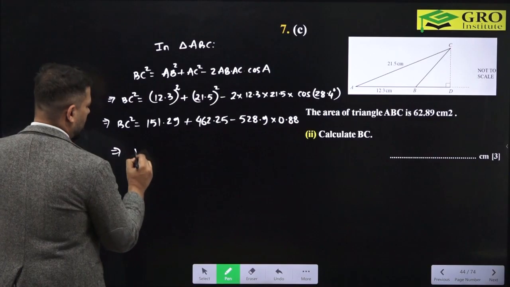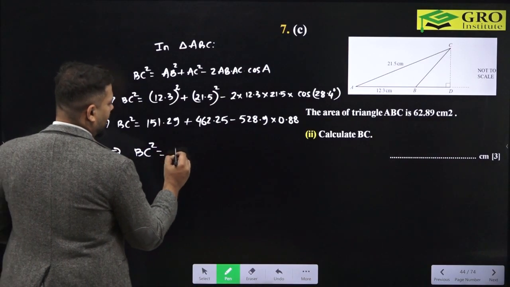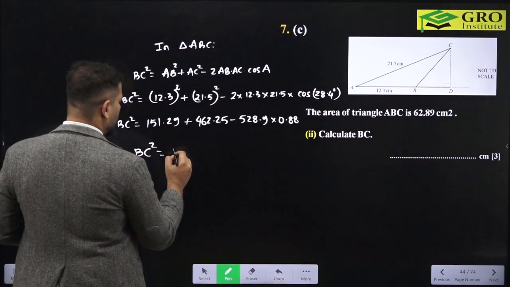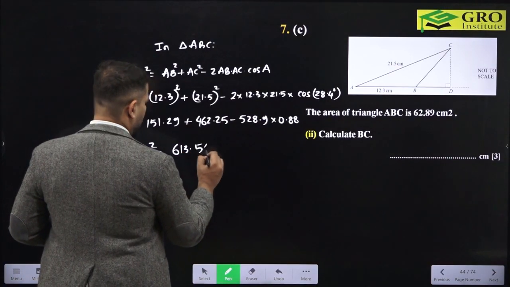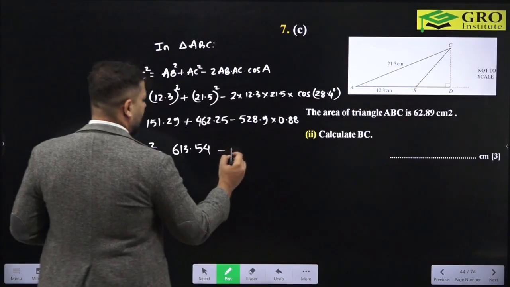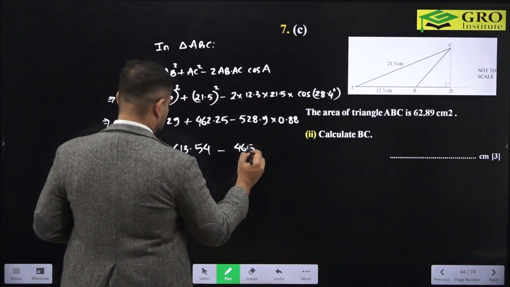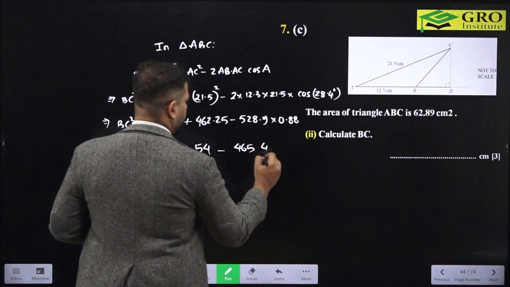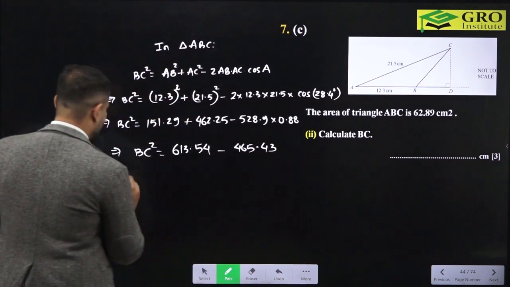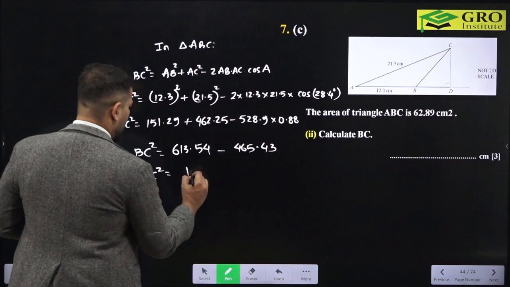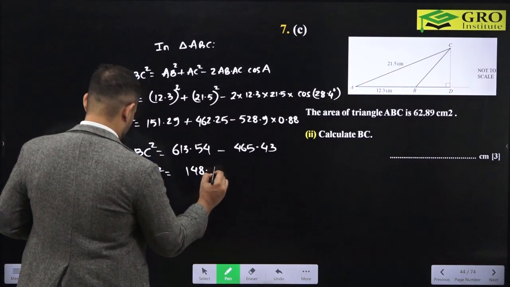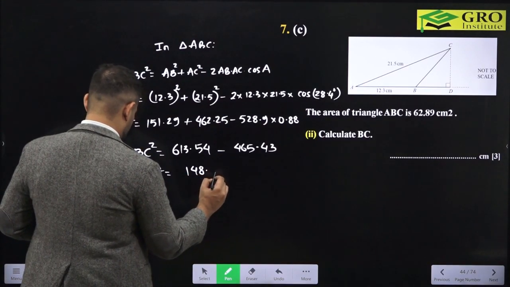For that, BC square is, the sum of these two would be 613.54. We use the calculator for that, and this is 465.43. And when we get its difference, we are getting it to be 148.11, right?